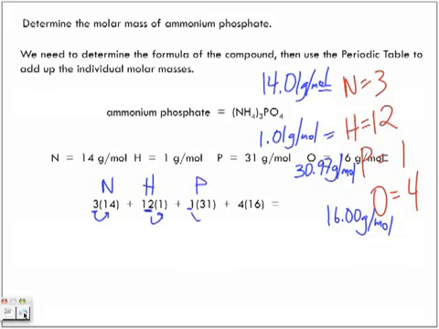So we had 1 copper, 1 nitrogen, and 2 oxygen. What we did was multiply each one by their atomic mass to get the molar mass. So from this, what are we covering up?